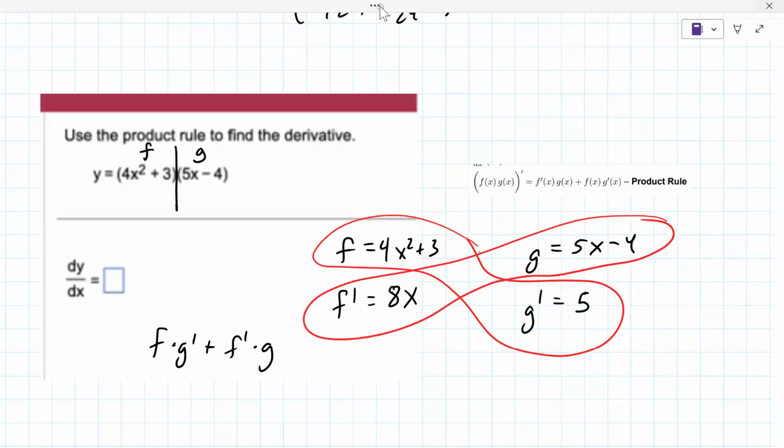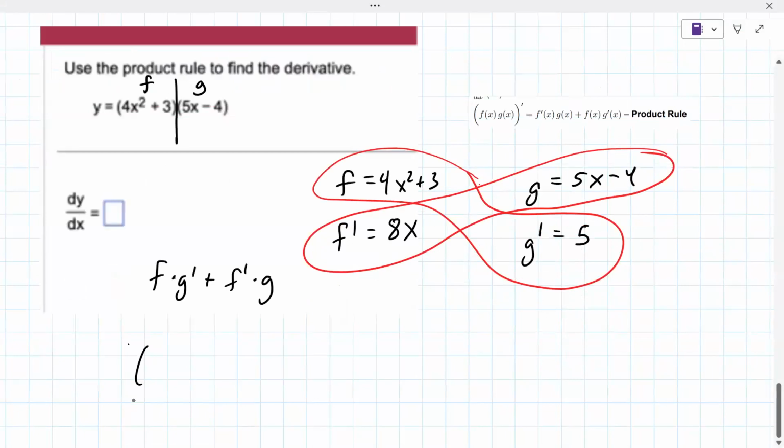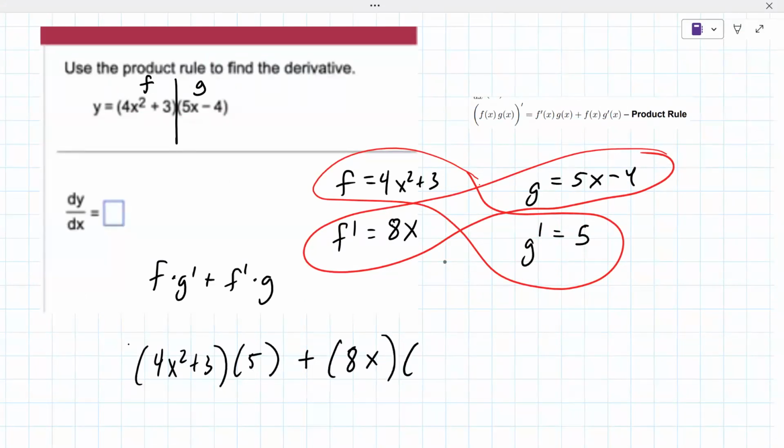So it looks more complicated than it actually is, because you just take F, which is 4x squared plus 3, times G prime, which is 5, plus F prime, which is 8x, times V, which is 5x minus 4, like that. And yes, you leave your answer just like this.